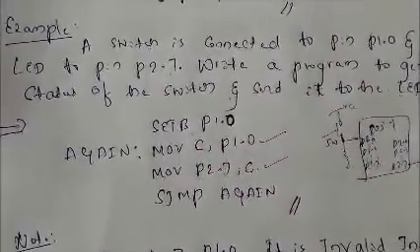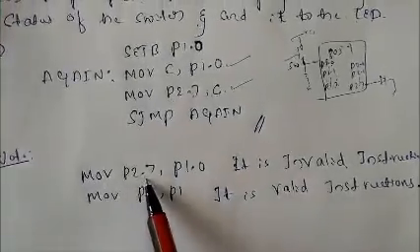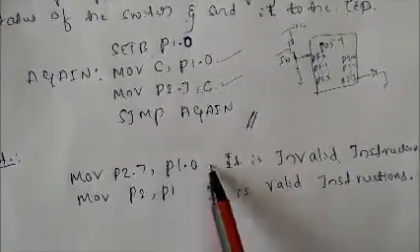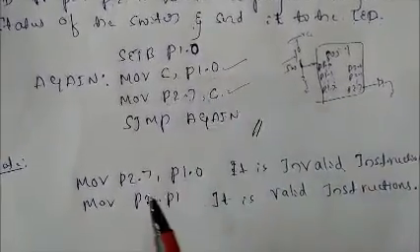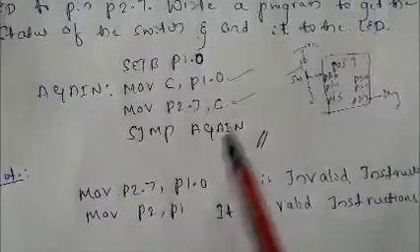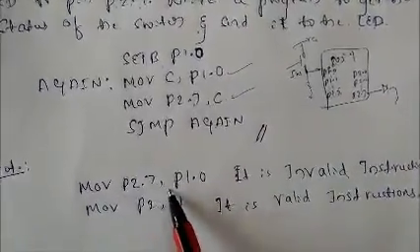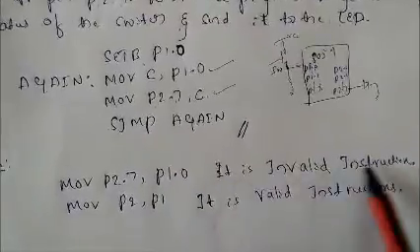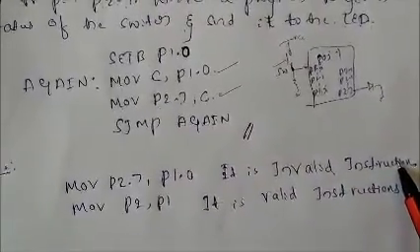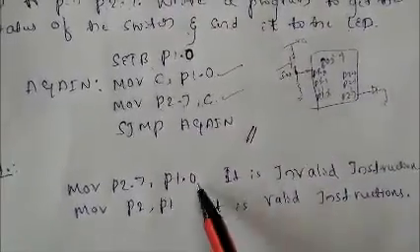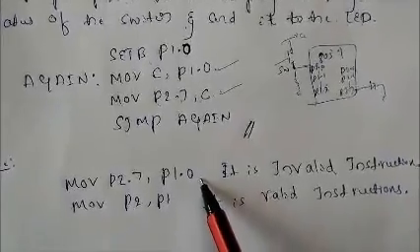Is it clear? And here you need to understand one more very important thing. If you write MOV P2.7, P1.0, where P1.0 is your switch and P2.7 is your LED, it is an invalid instruction. If you try to execute it in your Keil software, it will show an error.